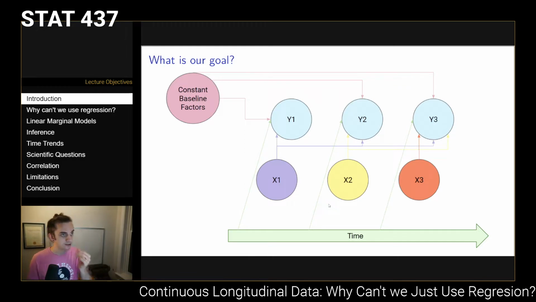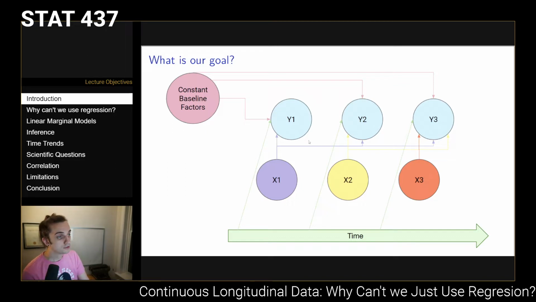So I have this diagram here, and there's a lot going on, but if we take a look, these circles throughout the middle of the diagram, labeled y1, y2, and y3, represent our outcome. So again, remember that y is always the variable name we use for our outcomes. Okay, and so we're looking at longitudinal data here that have three different time point measurements.